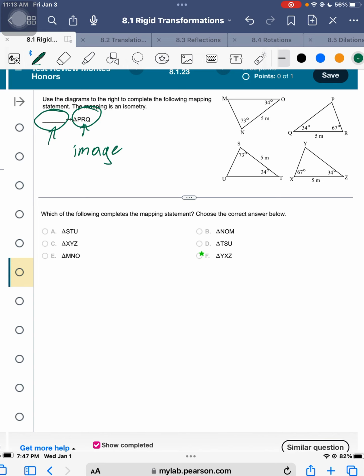How do I know that? Because it's an isometry, which means they're going to have their angles and their side lengths congruent. It's going to be the same.